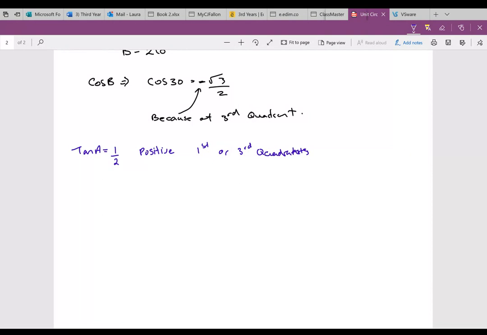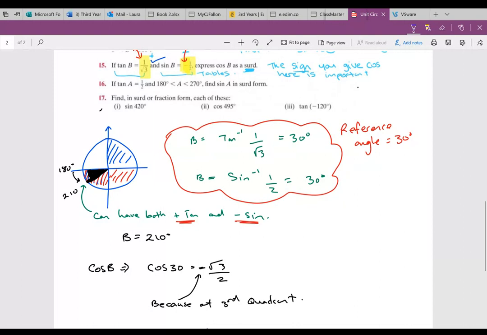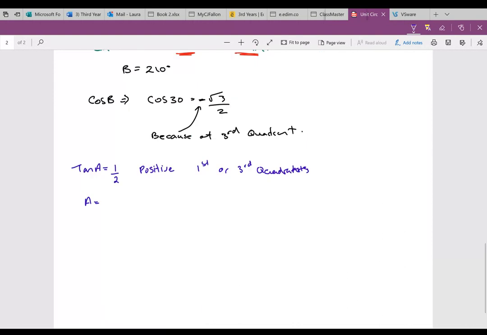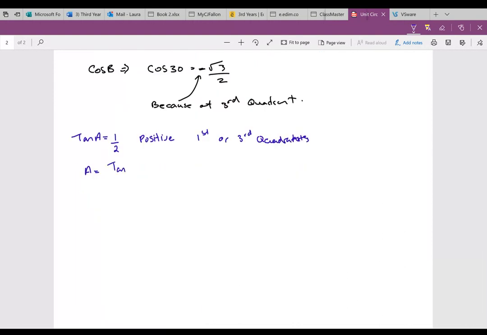So first of all, A, if I look at the log tables for tan of 1/2, or tan of 1/2 is not on your log tables actually. So A is equal to tan inverse 1 over 2.